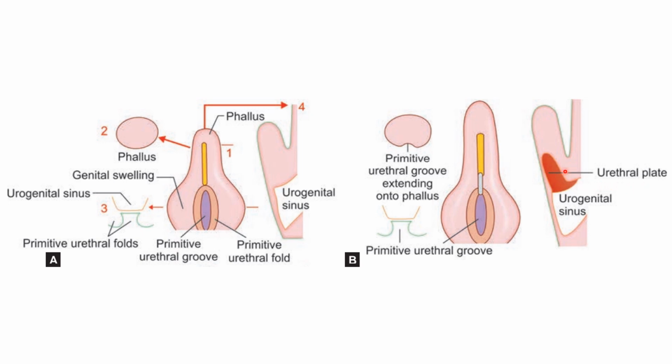You can see the solid mass of endodermal cells over here. You have to note this is developed from the urogenital sinus. This mass is known as the urethral plate. That is labeled over here. This is the urethral plate.